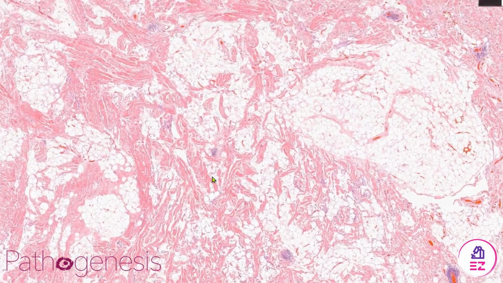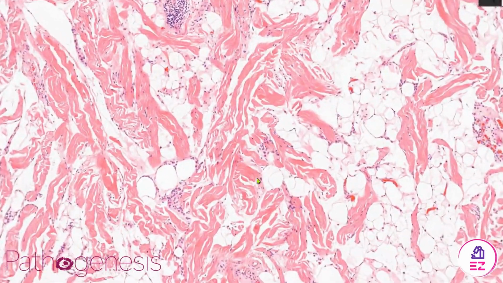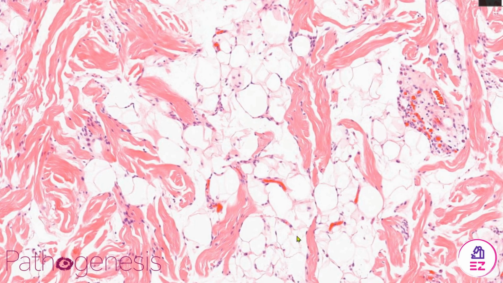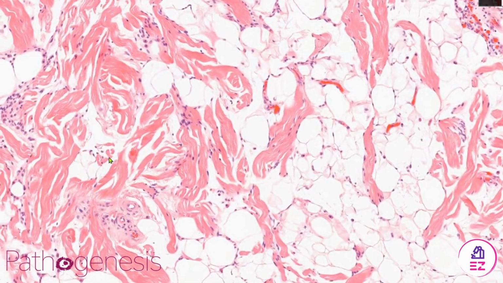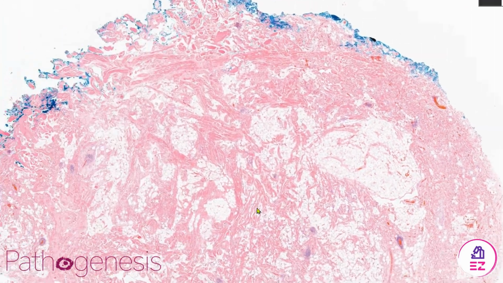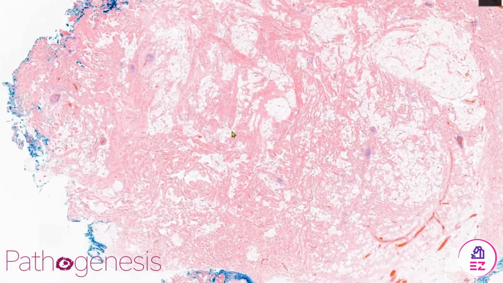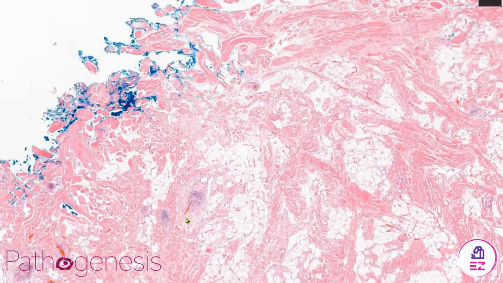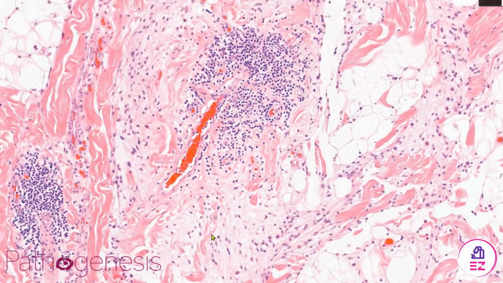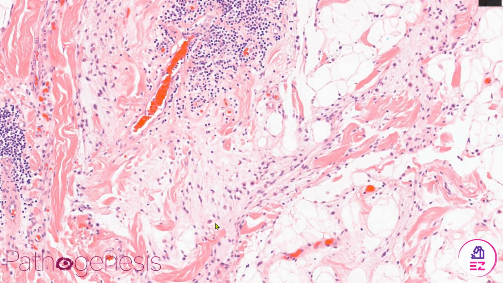The second thing I tend to look for is the ropey collagen. So you can see that permeating throughout the lesion, these thick bands of bright pink collagen. The next thing I'd look for is areas of myxoid tissue or myxoid stroma, and you can see that here, this stroma here has a slightly blue colour to it.